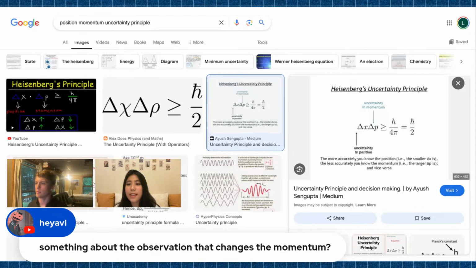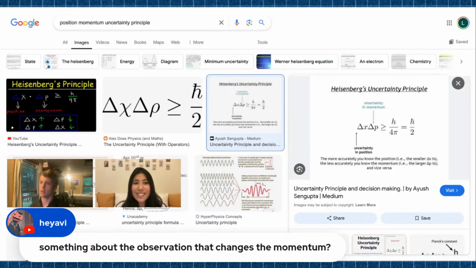In physics, we just like to say h bar, which is h over 2 pi. So the more accurately you know the position, the less you know the momentum. It's basically a constant. The change in position times the change in momentum is always going to be at least h bar over 2. So you can only have more of one or the other.